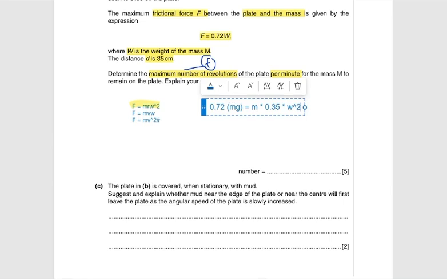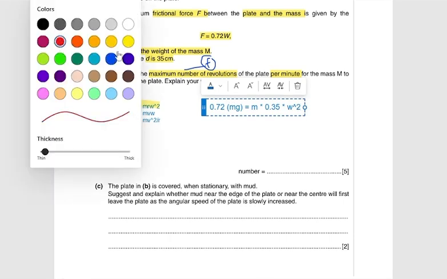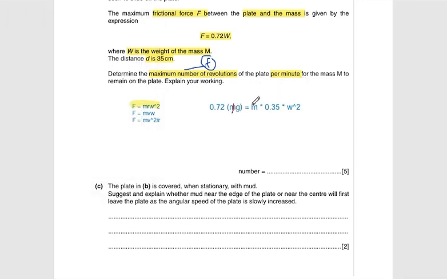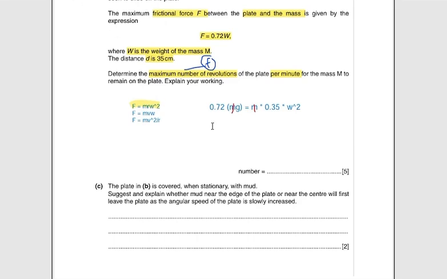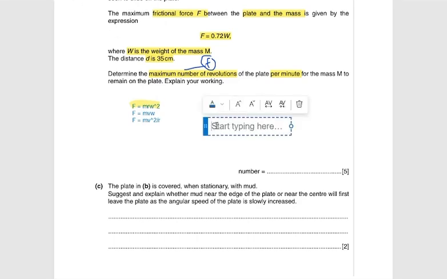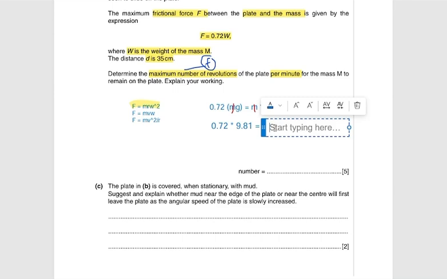I can just cut this m out because we do not know what m is, and then now when we plug these values in, you have 0.72 into 9.81 equals 0.35 into omega square.